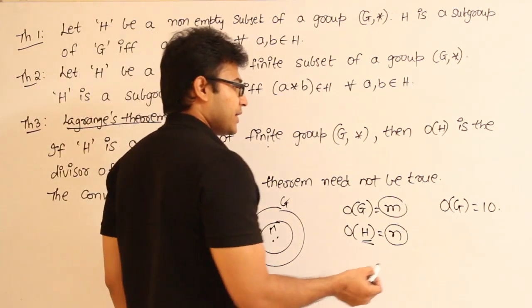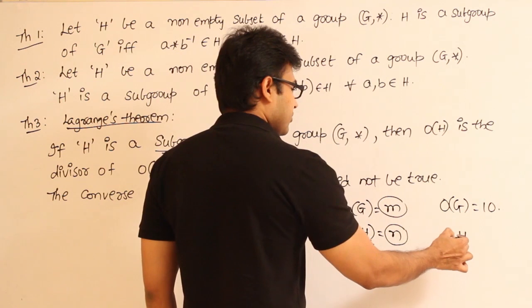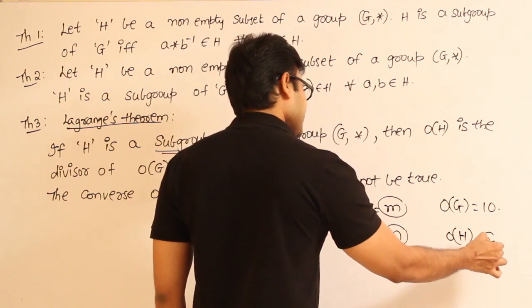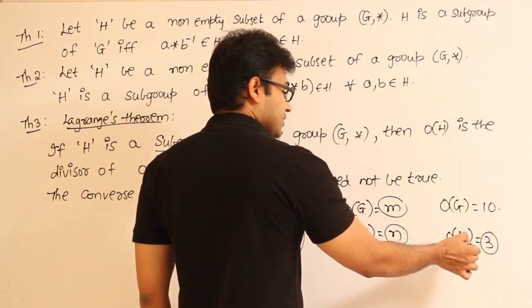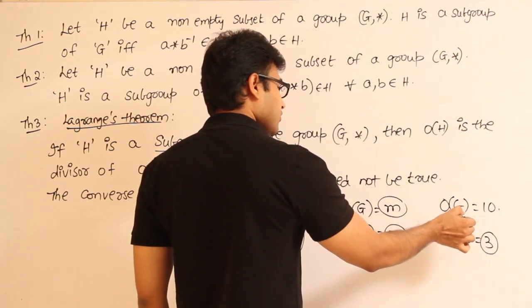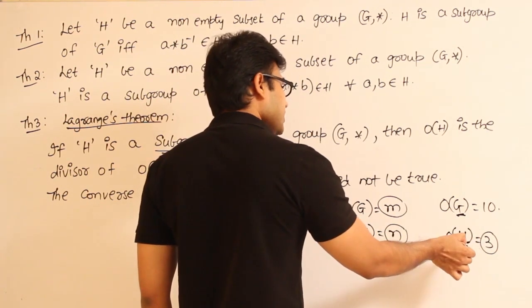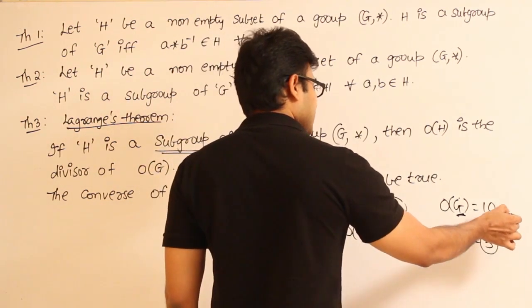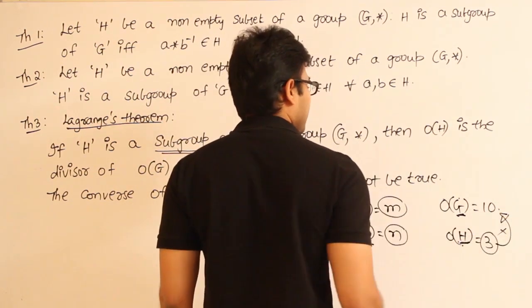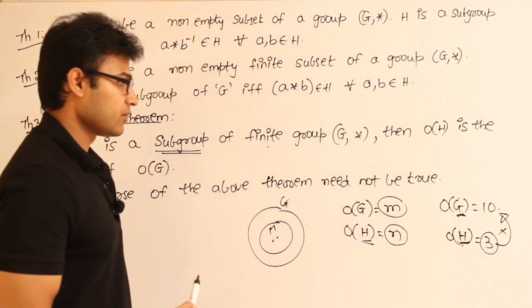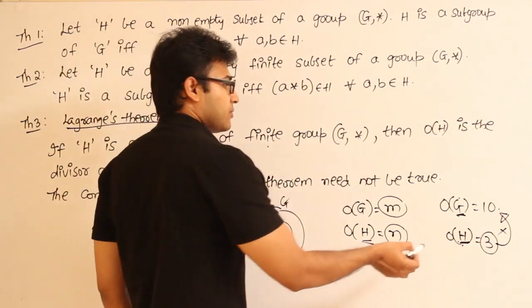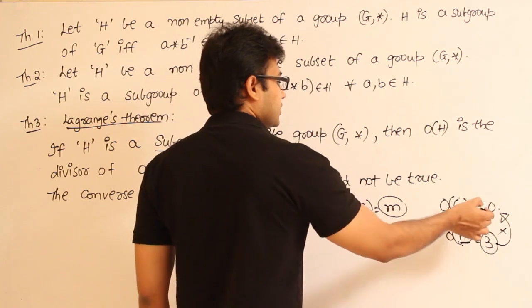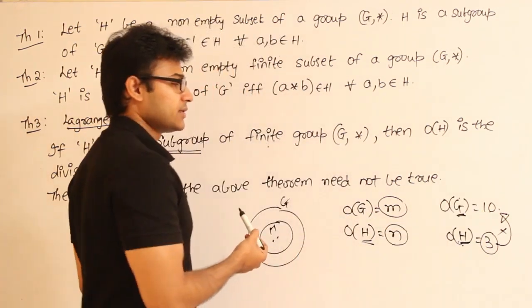Let us say H is a subset of G with number of elements as 3, can H be a subgroup of G, right? Now if you see it, 3 does not divide 10, therefore we can say that H cannot be a subgroup of G. Are you getting this?